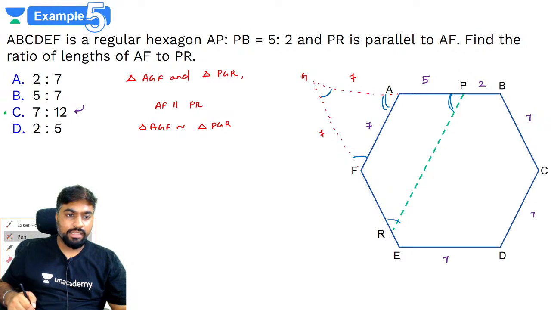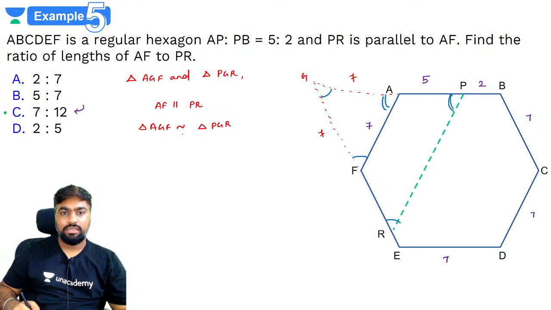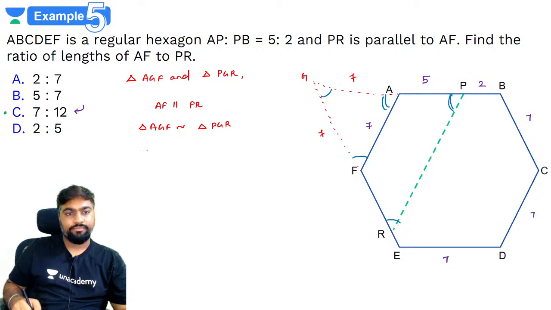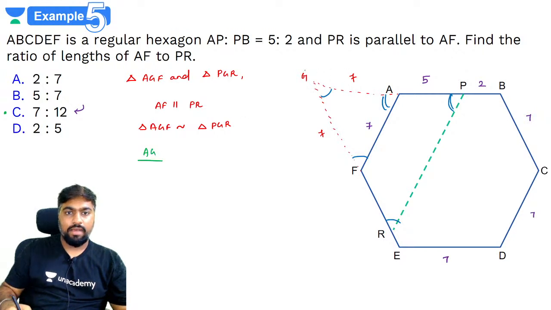So what will be the ratio now? If they are similar, I can say that AG by GP should be the same as AF by PR, correct?